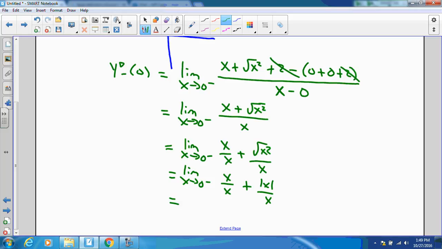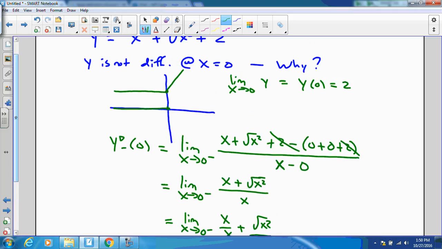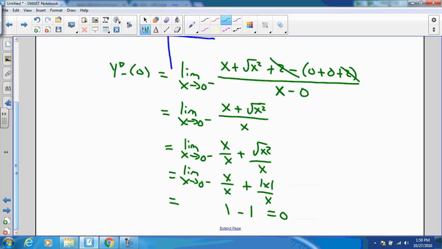And so now, as x goes to 0 from the left, x over x is the same as 1, and absolute value of x over x will go to negative 1, so I get 0 for my derivative from the left. And that makes sense taking a look at the graph of my function.